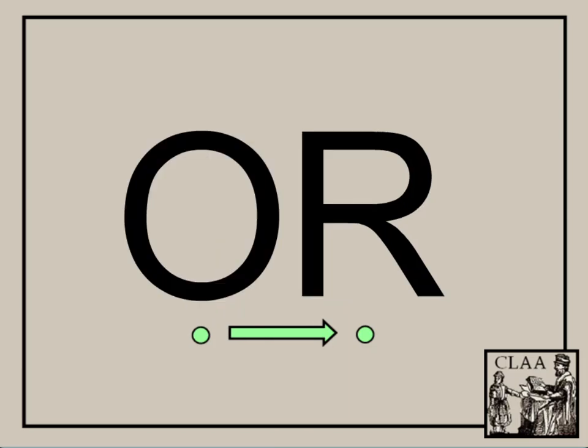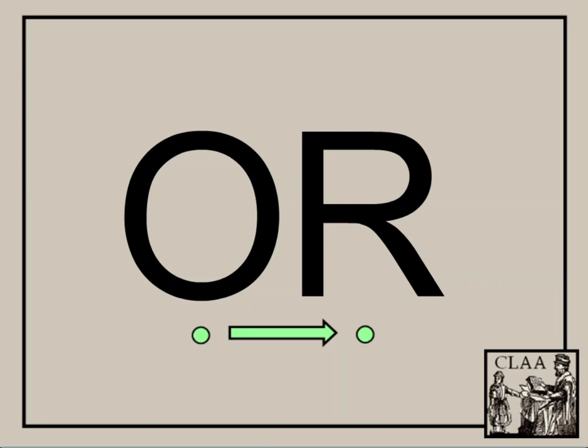Now we'll begin with the vowel O and end with the consonant R. Point to the green dot under the vowel O and we'll begin. Or, or, or.